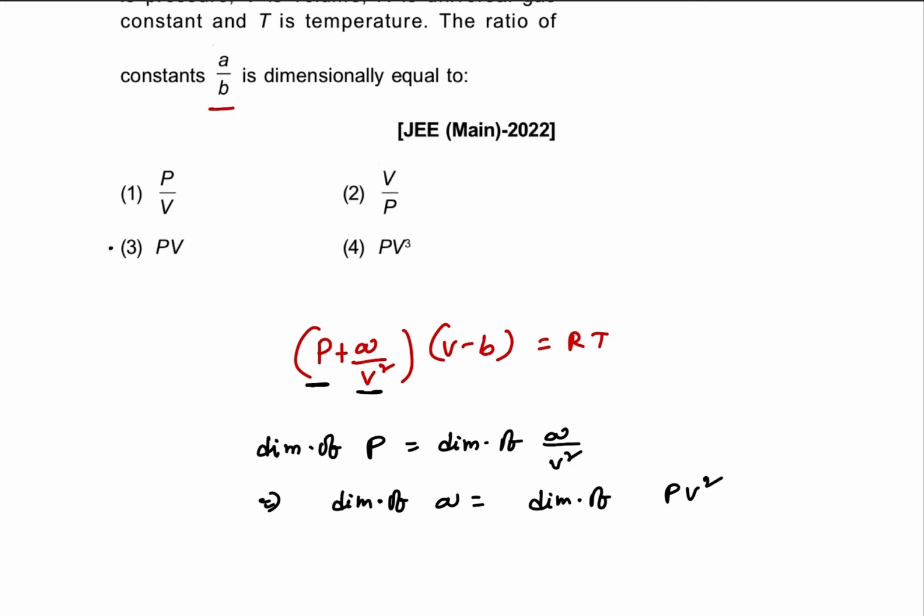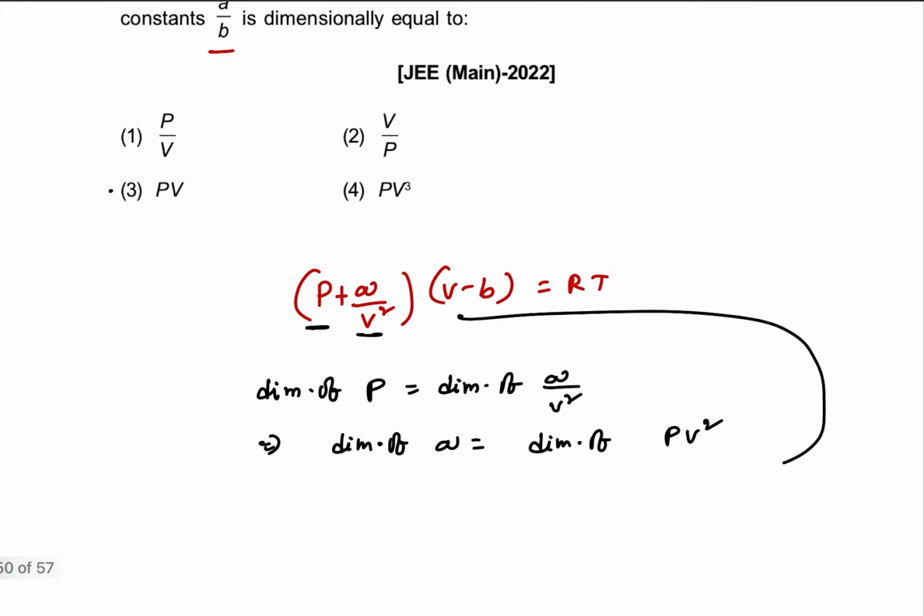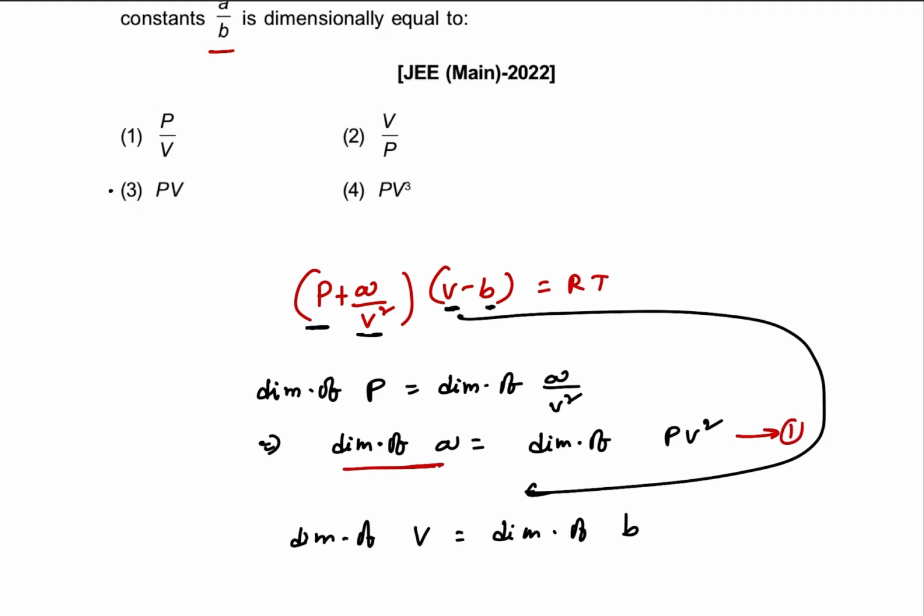From this I can write the dimension of A is equal to the dimension of P into V square. Next, I am just subtracting B from the volume, so I can write the dimension of V is equal to the dimension of B.